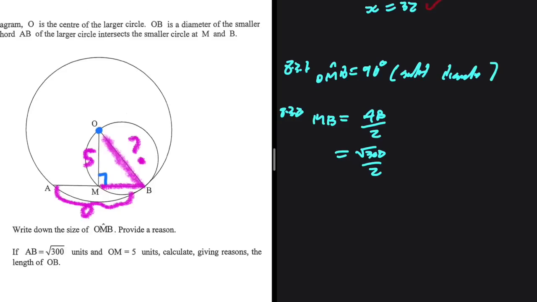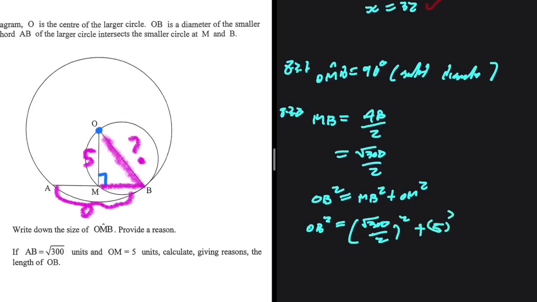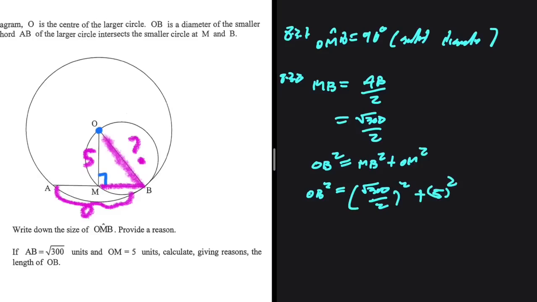Okay, so if I go ahead and use the theorem of Pythagoras, I'm going to have OB squared being equals to MB squared plus OM squared. So OB squared will be equals to MB, square root of 300 divided by 2 squared, plus OM. OM is 5 units. So I have 5 squared, okay?